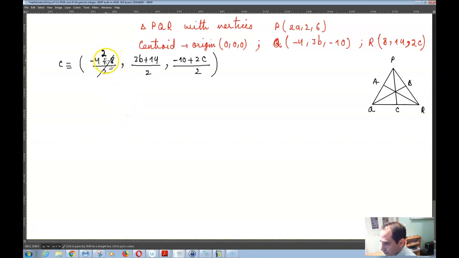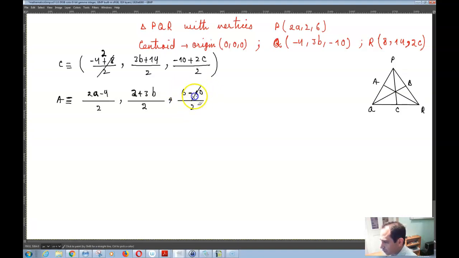Now the coordinates of A would be the midpoint of P and Q. So you would get 2a minus 4 divided by 2, and then 2 plus 3b divided by 2, and then 6 minus 10 divided by 2.